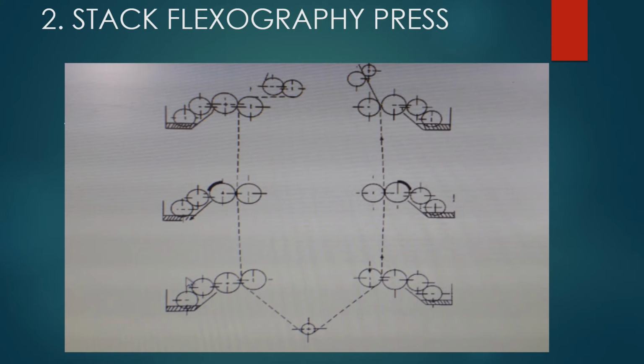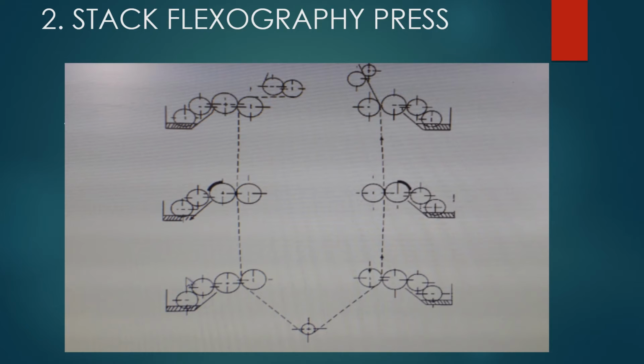In this machine, the units are arranged one above the another or are stacked one above the another. Each unit is driven with care. It can print large repeats. It facilitates easy changeover and wash up. It can print on thin gauge substrate with accurate register.